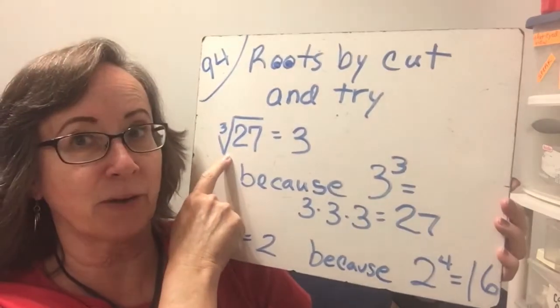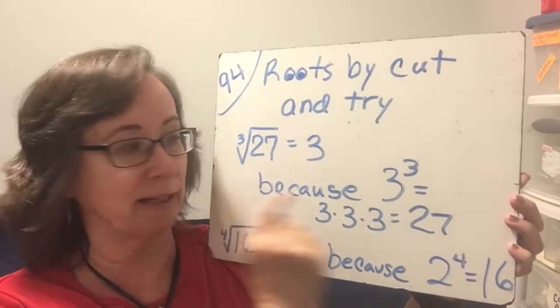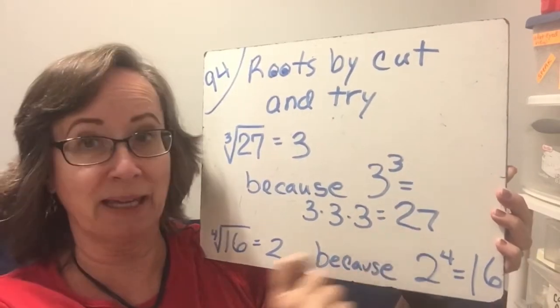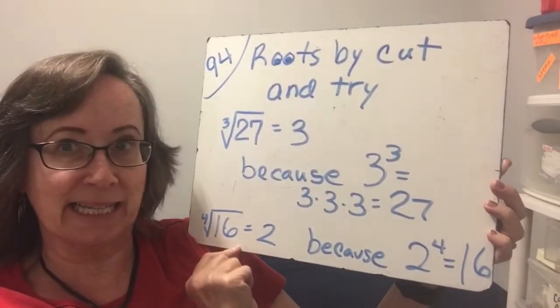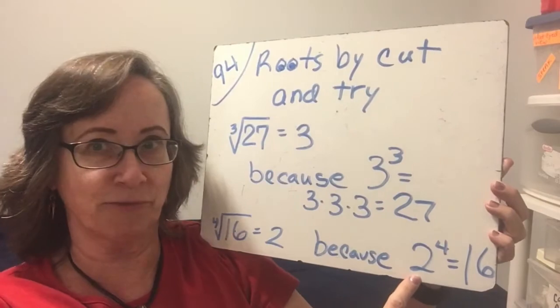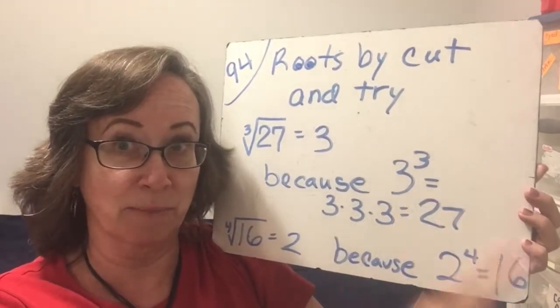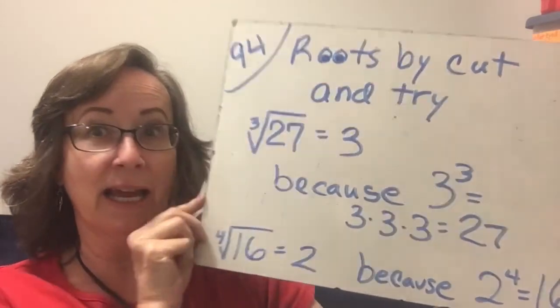So when we're looking for the cubic root of a number, we're looking for the number that when cubed would give me my 27. When we did the fourth root of 16, we know it is exactly 2 because 2 to the fourth is 2 times 2 times 2 times 2, which is 16. So that's all we've done up until this point.